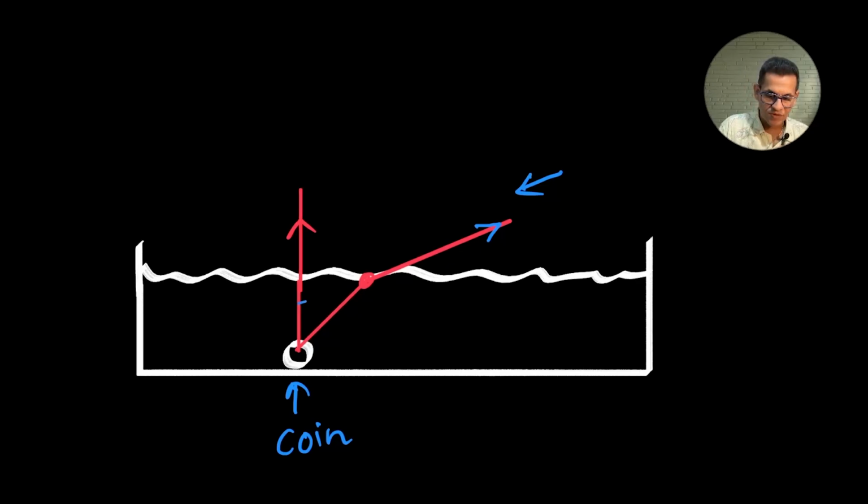So the eye will follow a straight path of light, which will be something like this, and hence the coin will be seen here rather than at its actual position. So this is the actual coin, and this is where the person will be able to see the coin, which is higher than the actual position of the coin. So this happens because of refraction or bending of light.